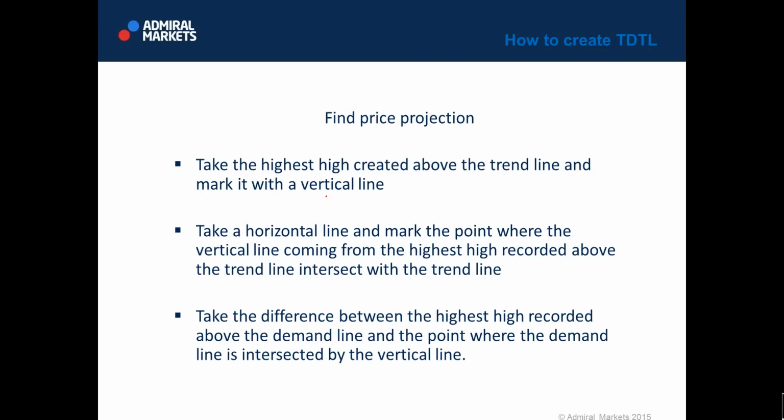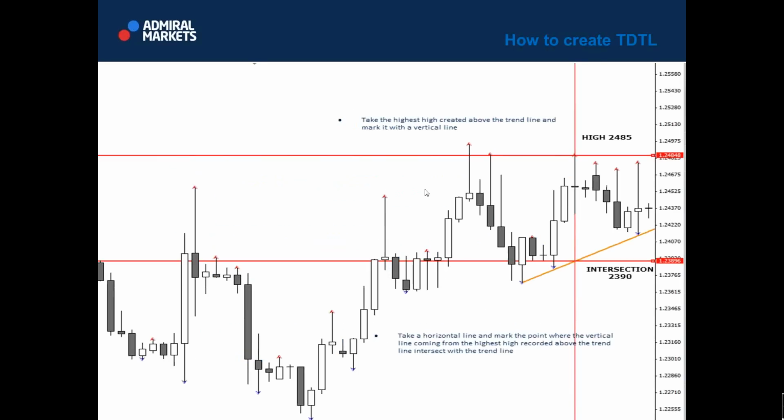Take the difference between the highest high recorded above the demand line and the point where the demand line is intersected by the vertical line. Pay attention to these, and when you see that happening, you will do that on your chart.